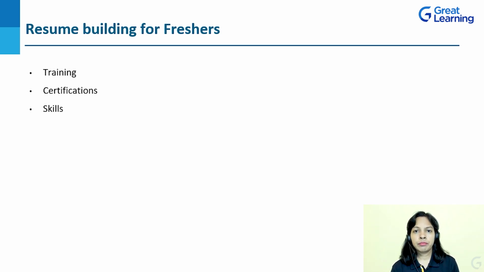Mention all that, and also mention which tool you worked on. What was the duration of that training? Okay, more than duration, this is important, what work you did there, what platform you worked on. Okay, certifications. Certifications are also important.